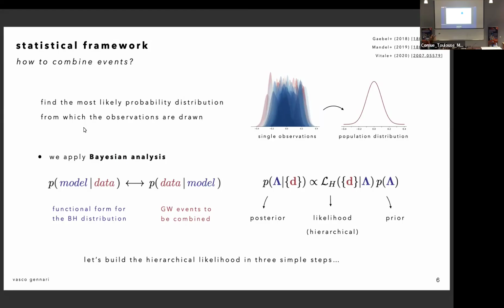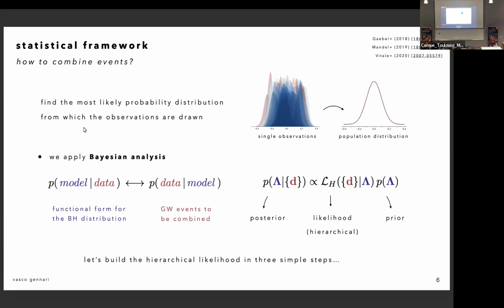You can see here in the equation on the left, if we're able to model the probability of the data given some model. In this case, differently than what we just saw for a single event parameter estimation, the ingredients are different here because the likelihood is now a hierarchical likelihood, the one in which we take the single events as input and we combine them to get a hierarchical second layer of analysis.